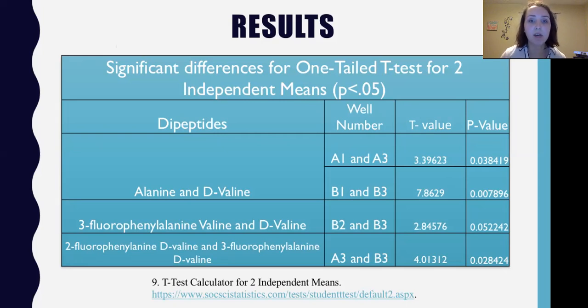So D-valine was the best amino acid chosen for killing the bacteria. And then what this chart also shows is that when it came to D-valine, 3-fluorophenylalanine was better than 2-fluorophenylalanine. We can see this with the low p-values and higher t-values.